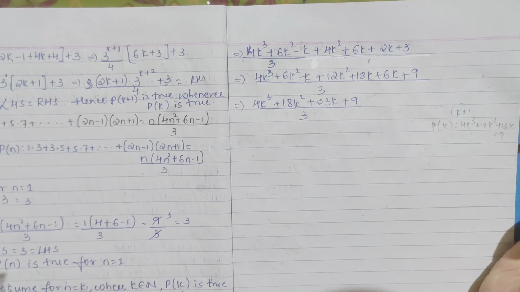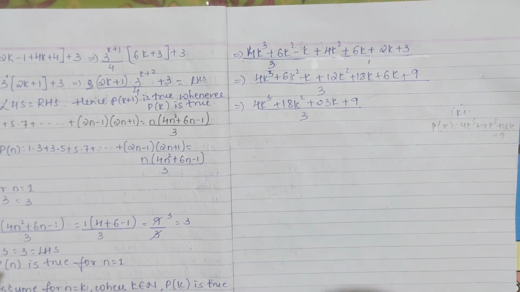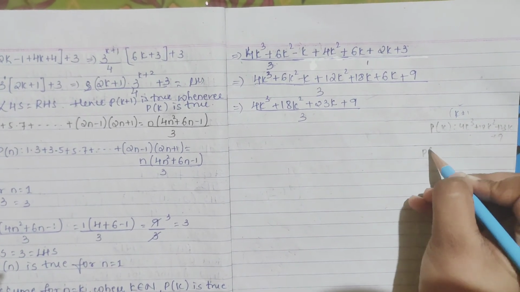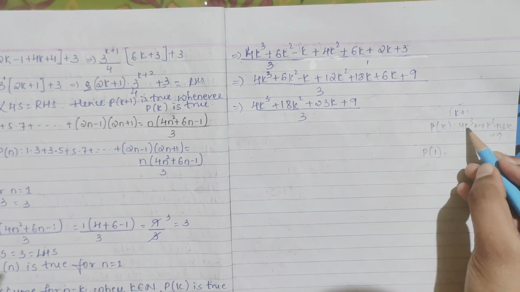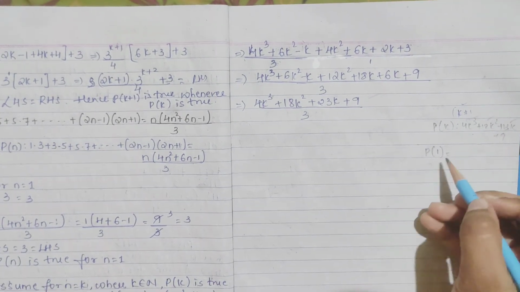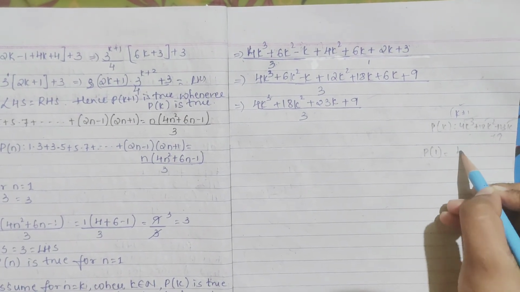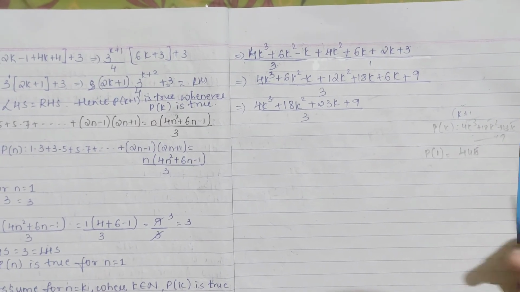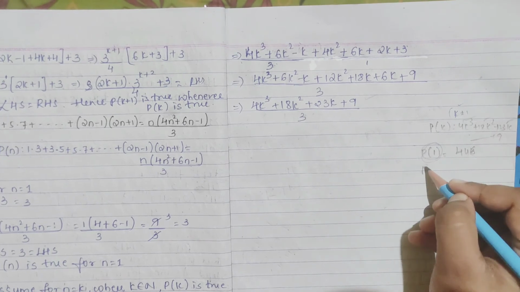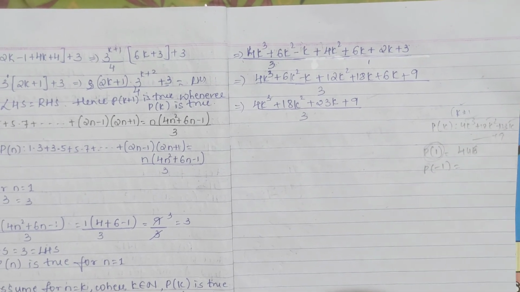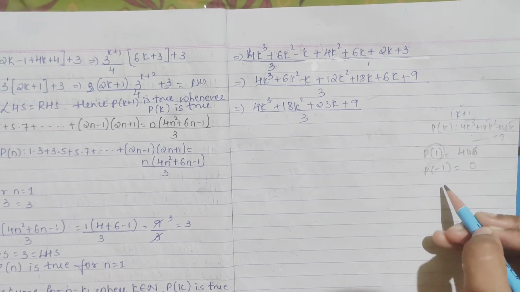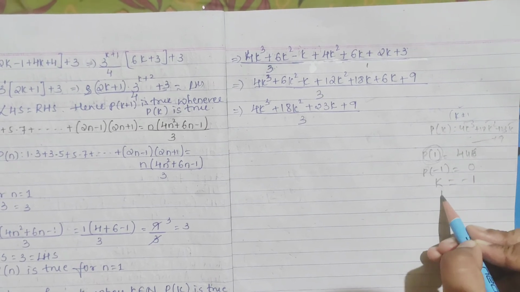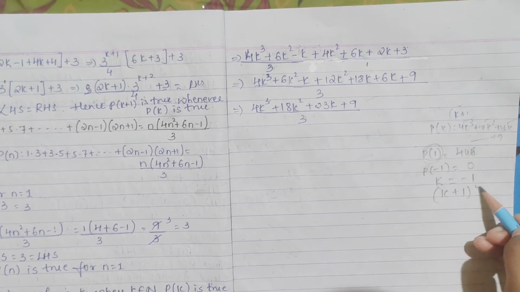You have to first check which is the factor and then polynomial divide it. If you put 1 in place of k, you will not get 0, so this is not your factor. If you take P of minus 1, you are getting 0, so your k value is minus 1, so k plus 1 is your factor, right?